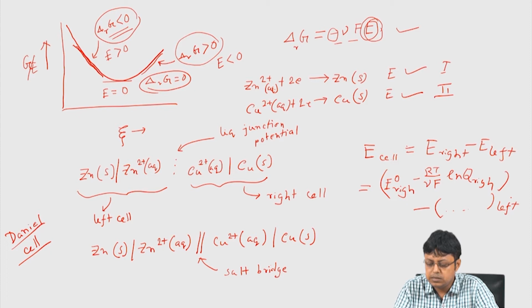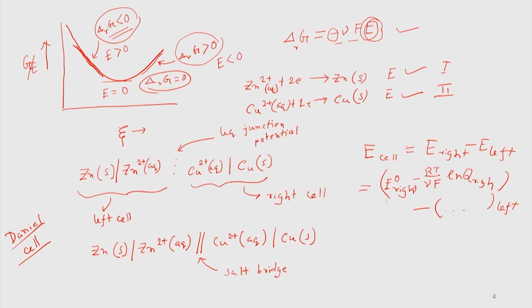So we will have something like E0 right minus E0 left, but how will you define this E0? We already said that it is with respect to a standard condition, but as you can see here, what you can always measure in a cell is a difference of the two electrode potentials.